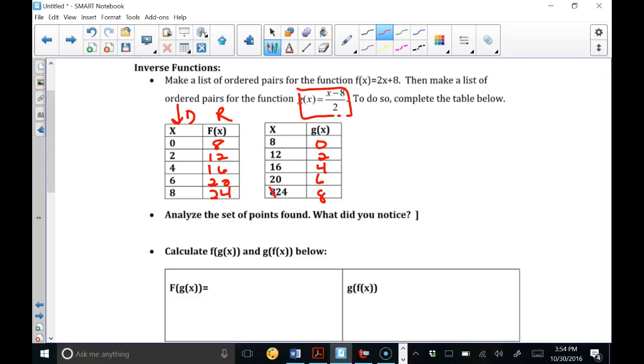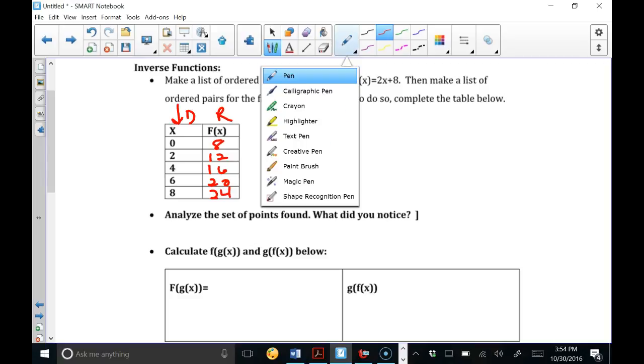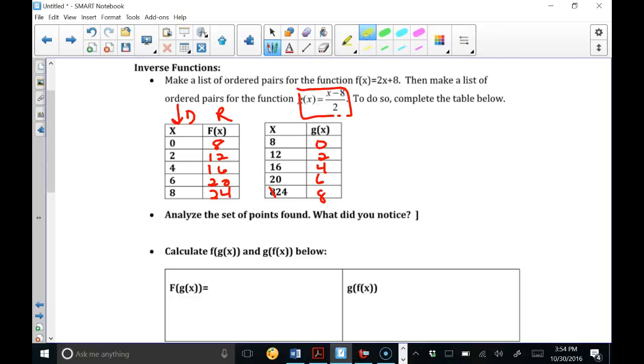Now I want you to study these two pictures over here, and notice what's true. Domain of f is the range of g. Range of f is the domain of g. So the first thing that you should notice when you're studying inverses is that in an inverse, the domain and range are switched.